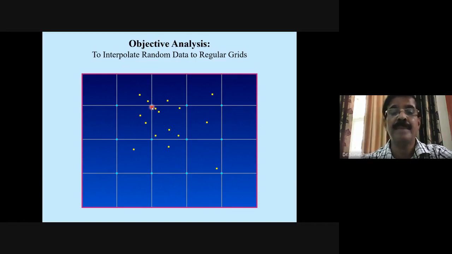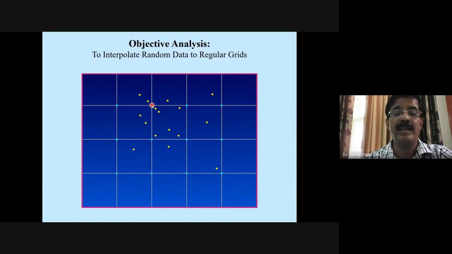For example, suppose this is the distance between the observation point and the grid point, this is a little bit far. But this observation point is very close to this point. In fact, this observation point is even closer to this grid point, right? So these are the distances we call R1, R2, R3, whatever.